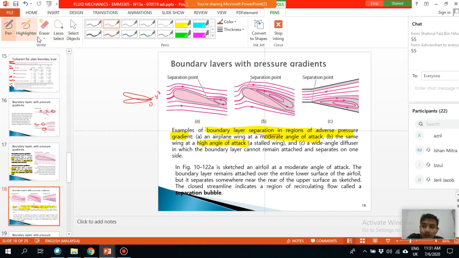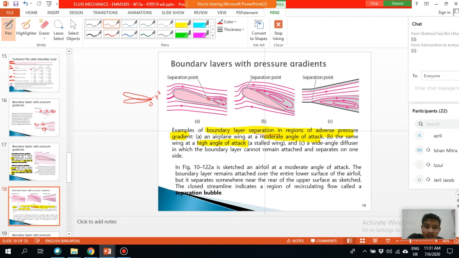When we do the flow streamline, there will be a flow separation point. It means that the flow will go smoothly until one point. At this point, the flow starts to recirculate. So this point we call the separation point, the moment the flow starts to recirculate.